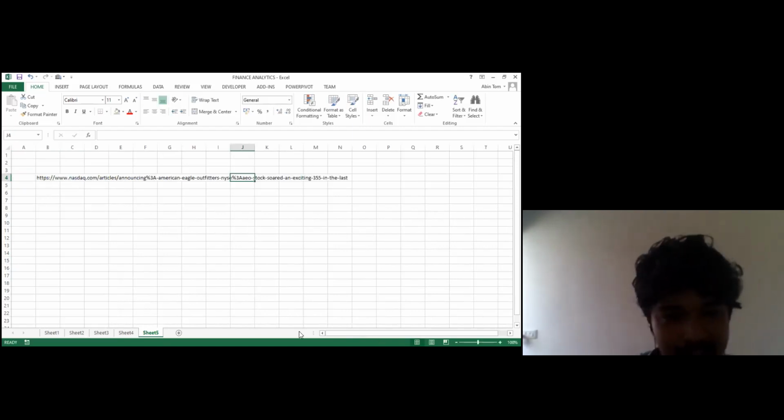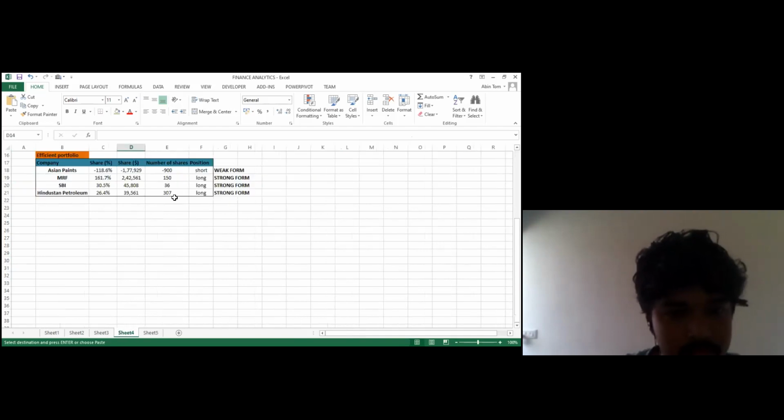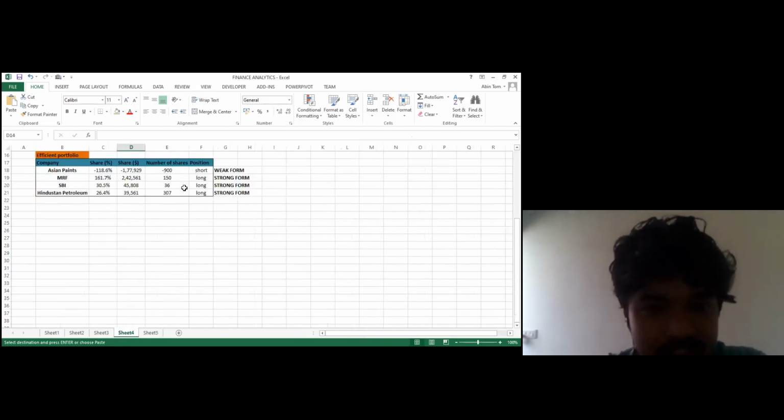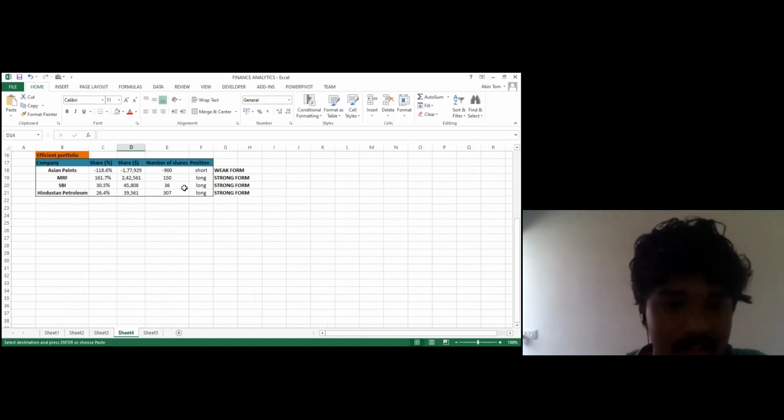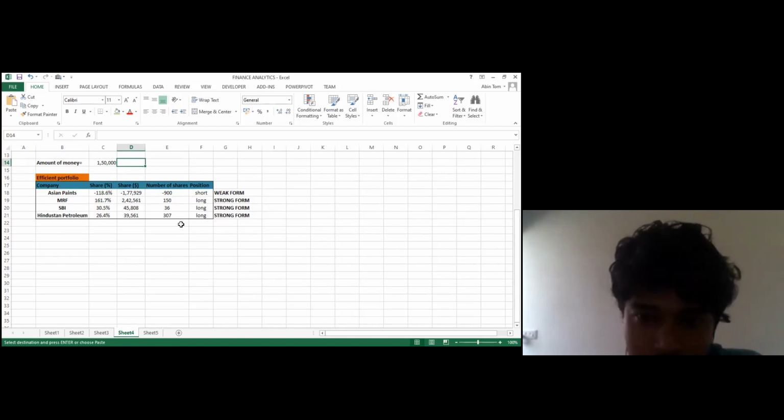Why is Asian Paints having a weak form? The historical data are shown like that, so we can predict the future. But usually Asian Paints' market standing is good. The brand name is good, even compared with MRF.